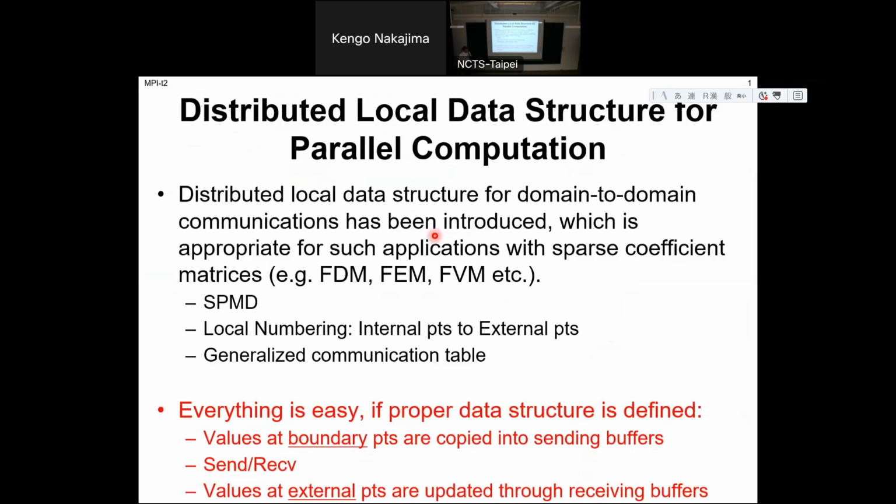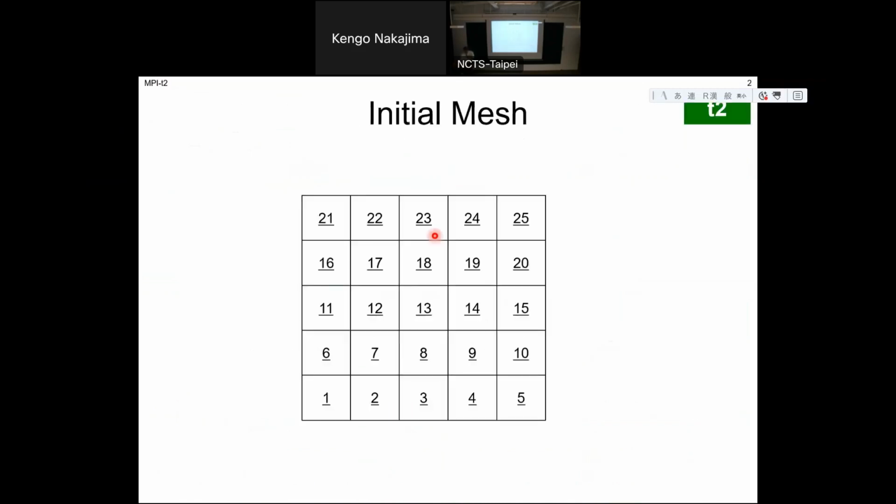The values at boundary points are copied into sending buffers, doing the send and receive. And the values at external points are updated through receiving buffers. So this is the problem. Yesterday afternoon, I showed 64 meshes in 4 uniform domain cases.